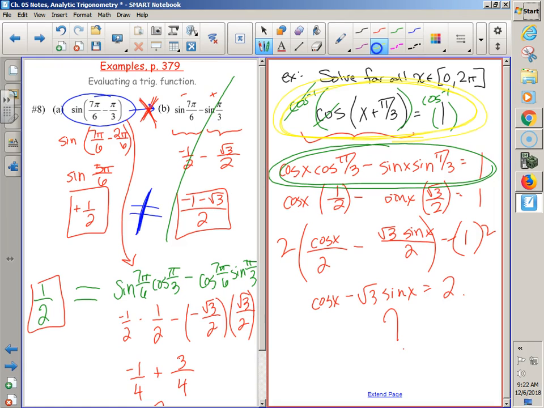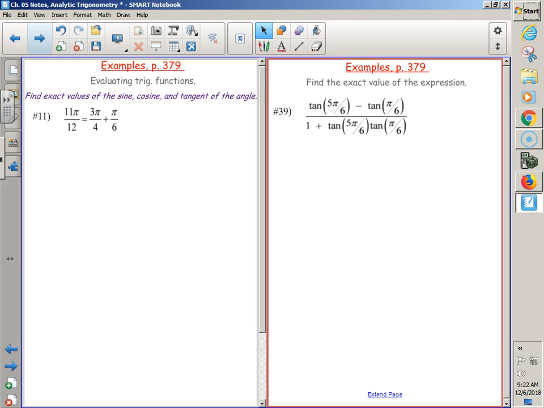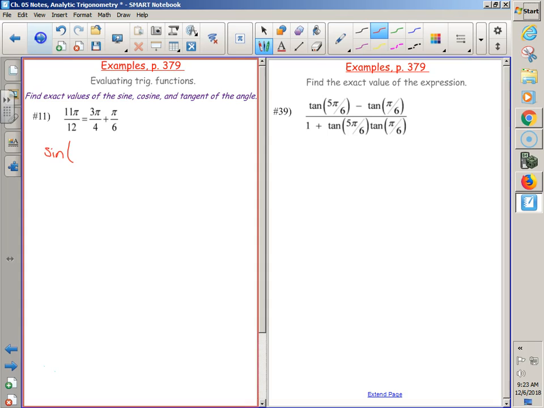Speaking of that, didn't we see one of those yesterday? Where is he? Who wants to do that? But what does it look like? But before we get there, hold on, pause. How on earth could they ask me to find sine of 11 pi over 12 without my calculator?